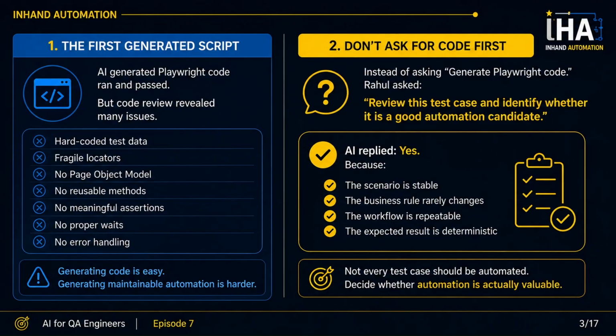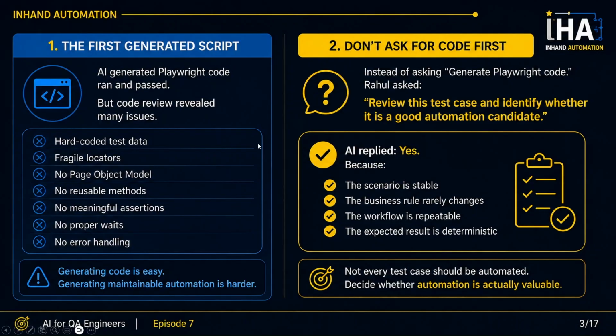The first thumb rule is, if you have test cases with you, before moving to automate them, you should review with the AI whether these test cases are a good candidate for automation or not. If they are good to automate, then we can go ahead and automate them.